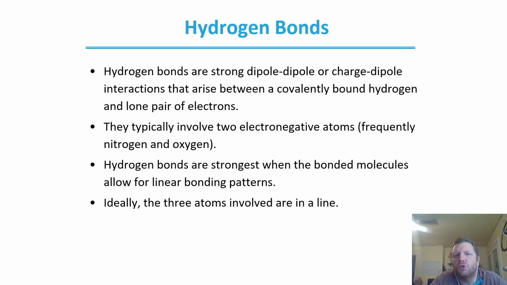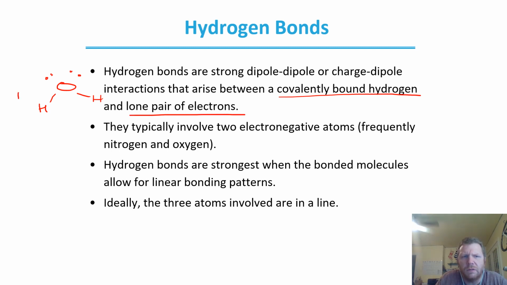Okay, so hydrogen bonds. Hydrogen bonds are strong dipole-dipole or charged dipole interactions that arise between a covalently bound hydrogen and a lone pair of electrons. If you think about a water molecule, there's 1 water molecule with a lone pair of electrons, and what was our criteria? A covalently bound hydrogen and a lone pair of electrons.